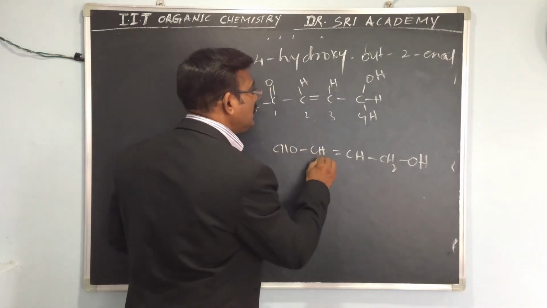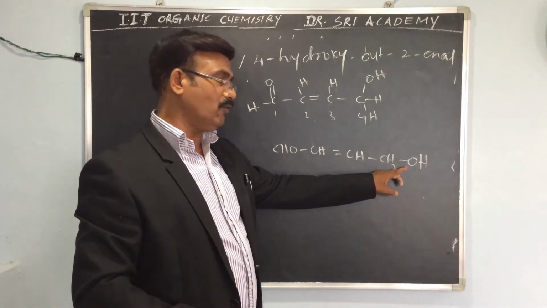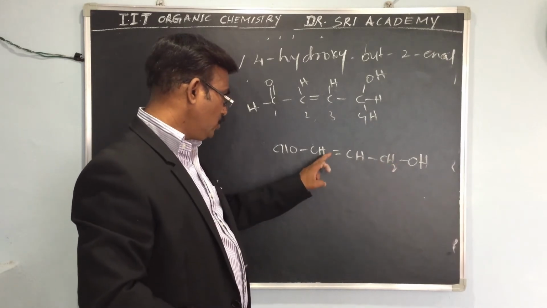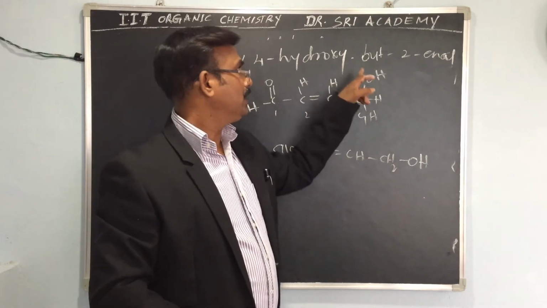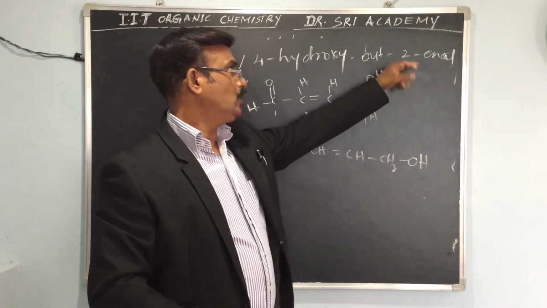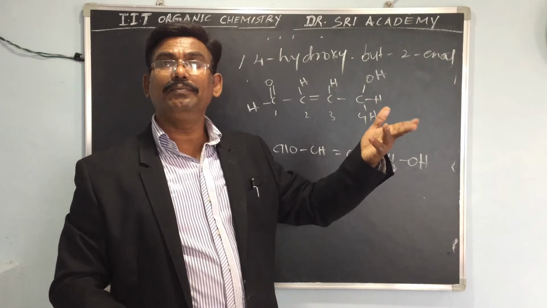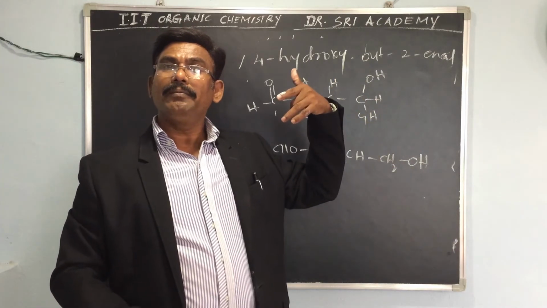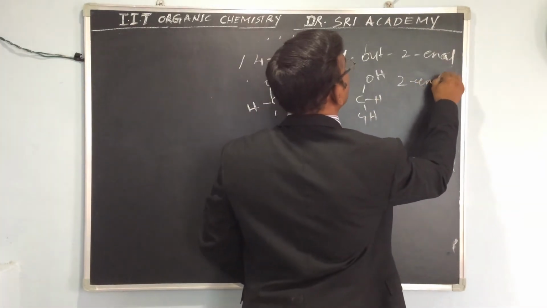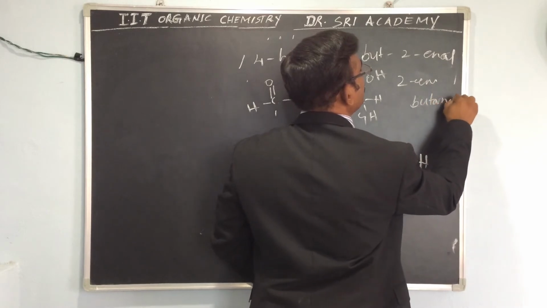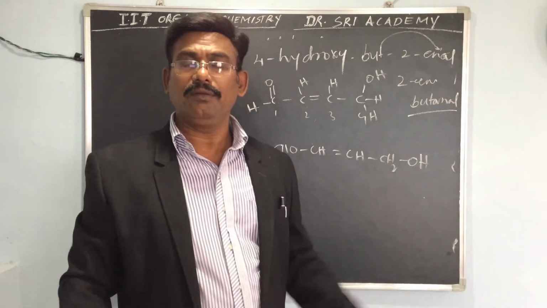So CHO, CH double bond CH, CH2OH: how many carbons? 1, 2, 3, 4. The fourth carbon contains the OH, hydroxy, so 4-hydroxy, 2-ene, but, so but-2-enal. We can write like that also.